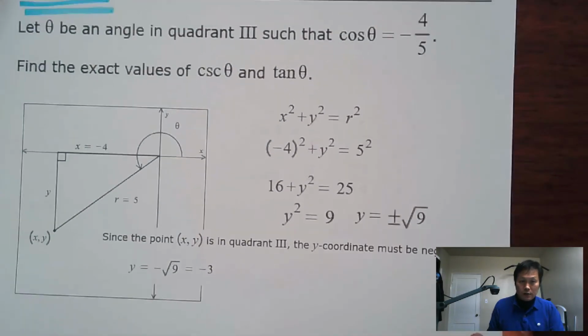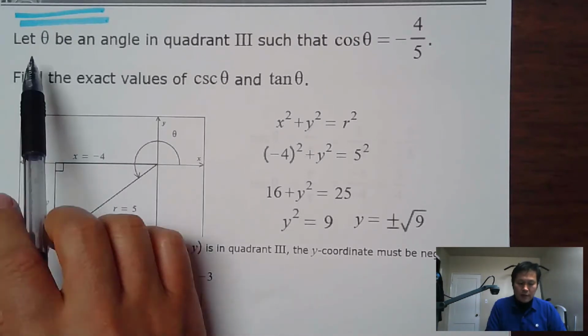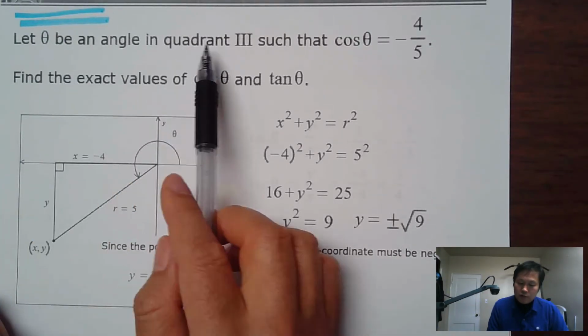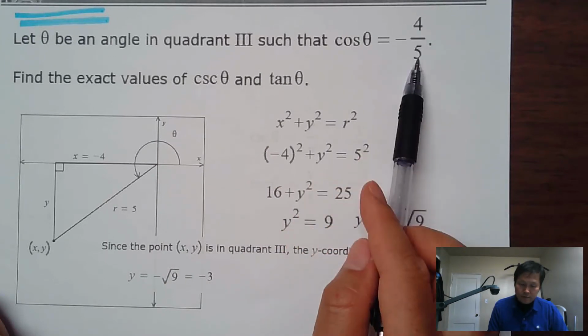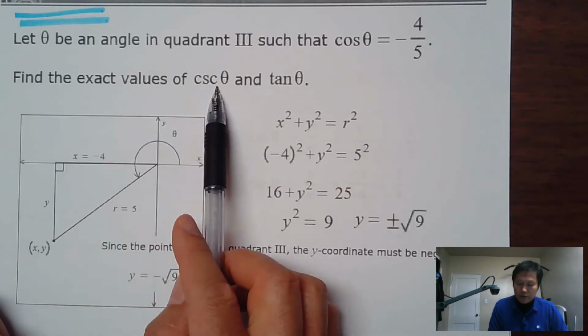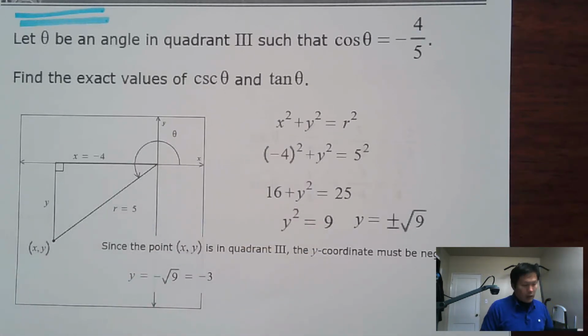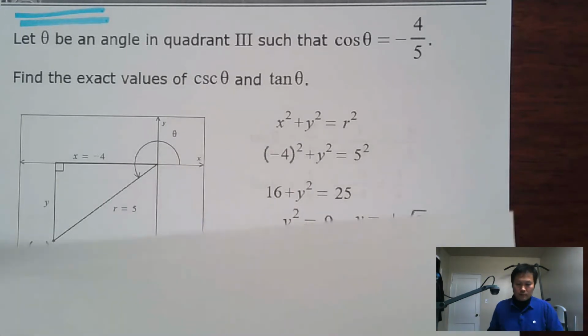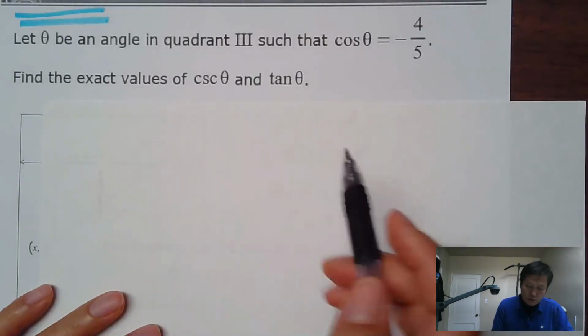The next style of question you need to know will be something like this. Let theta be an angle in quadrant 3 such that cosine theta equals -4/5. Find the exact values of cosecant theta and tangent theta. So how do we deal with this? Quadrant 3, so you should know where that is.